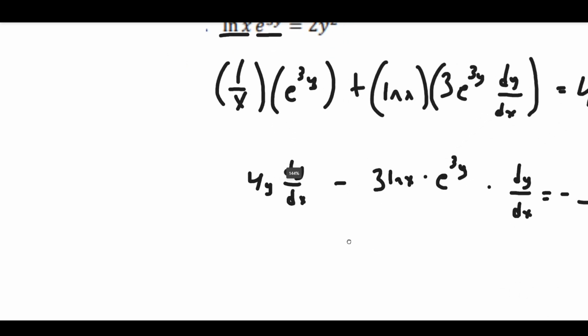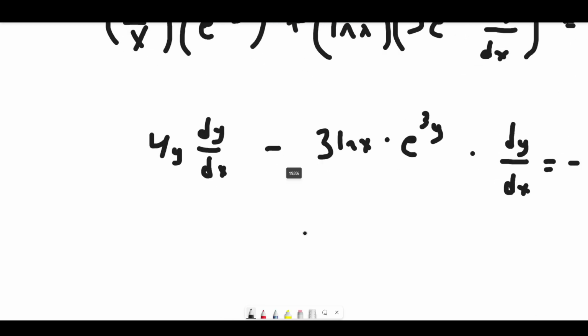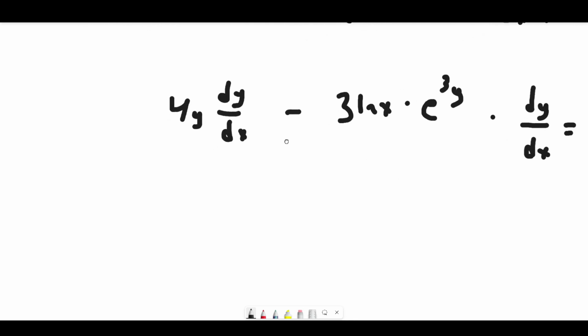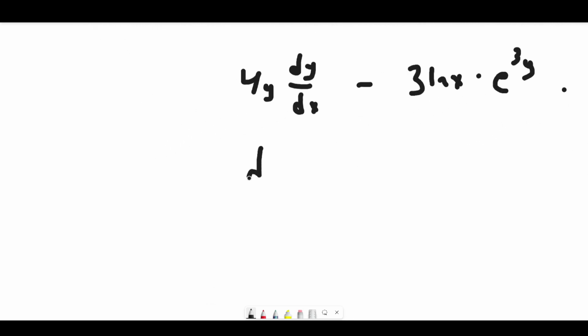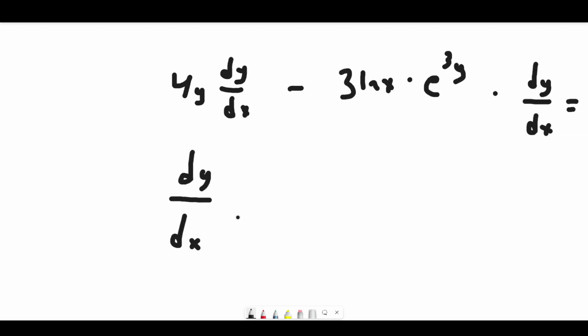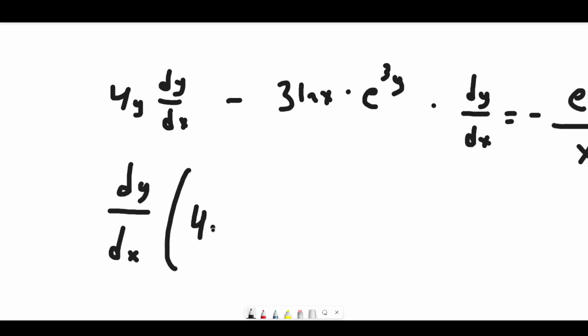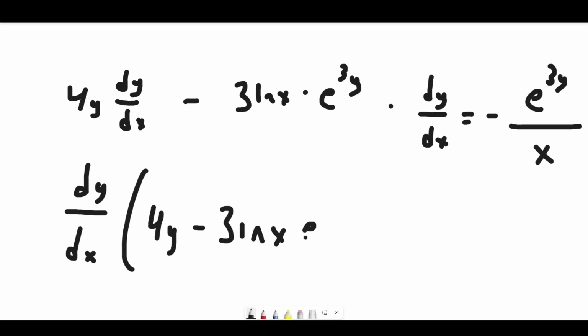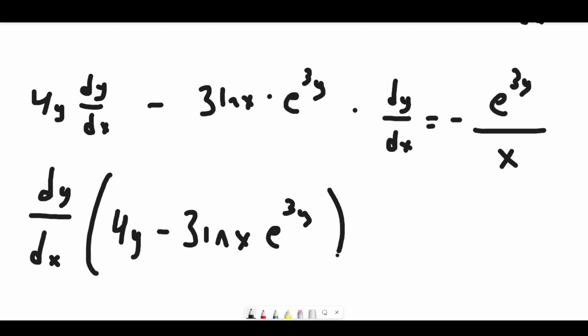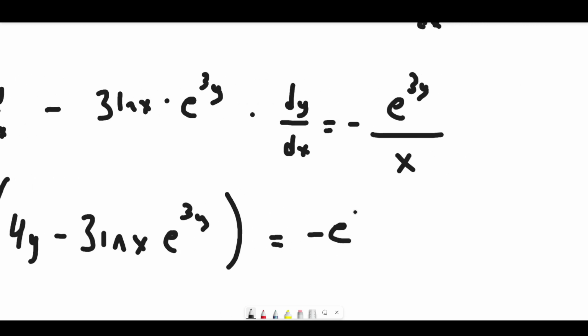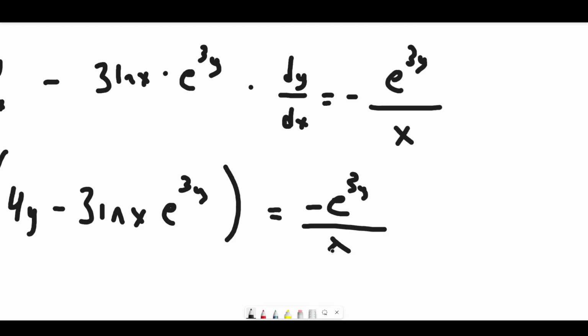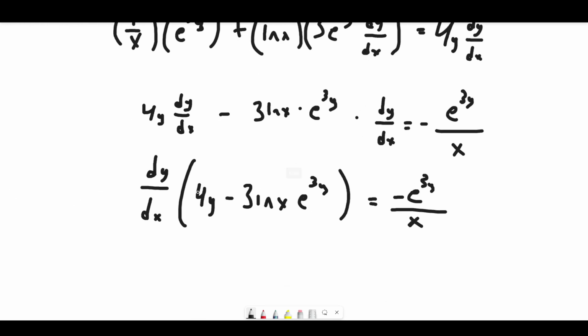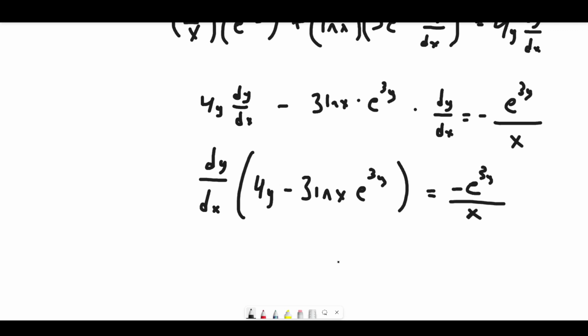Alright. And now what I'm going to do is factor out dy over dx. So now it's just going to be left with 4y minus 3 ln x times e to the 3y equals negative e to the 3y over x. And now my final step is just to divide by 4y minus 3 ln x e to the 3y on both sides, so then I get dy over dx.